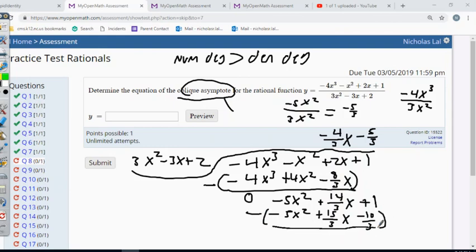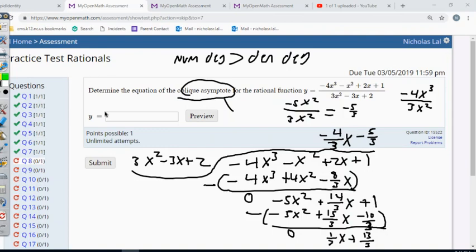Parentheses, subtract. 0. 14/3 minus 15/3 is 1/3 x. 1 minus 10/3, so that's 3/3 minus 10/3, that's actually going to be negative 7/3. 1/3 x plus 13/3. This is messy. But our answer should be 4/3 x minus 5/3.